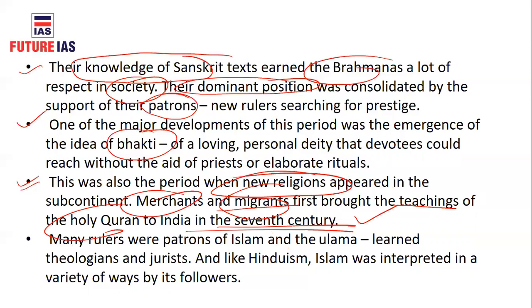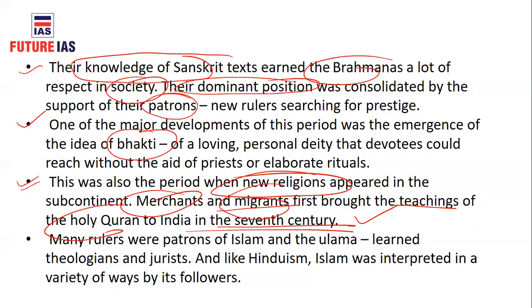And you must also understand, Islam was also interpreted in a variety of ways by its followers, just like Hinduism. So there were different interpretations given to the Holy Quran when it was introduced in India by those merchants and migrants.